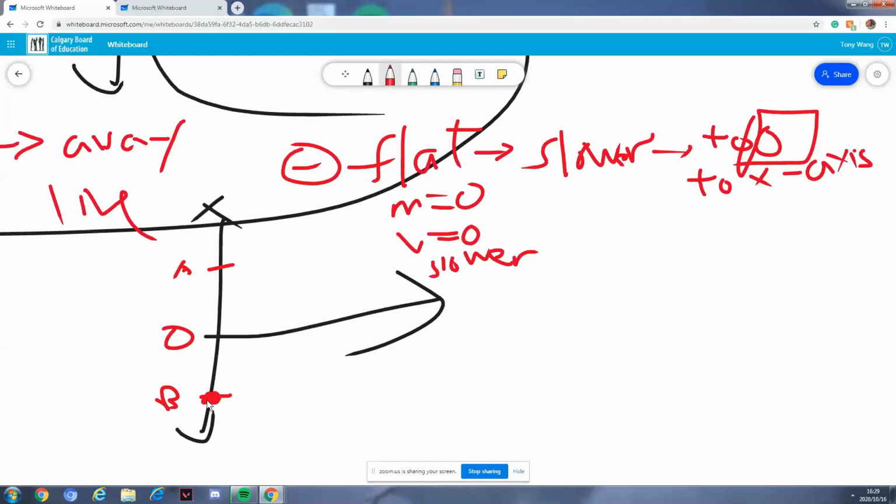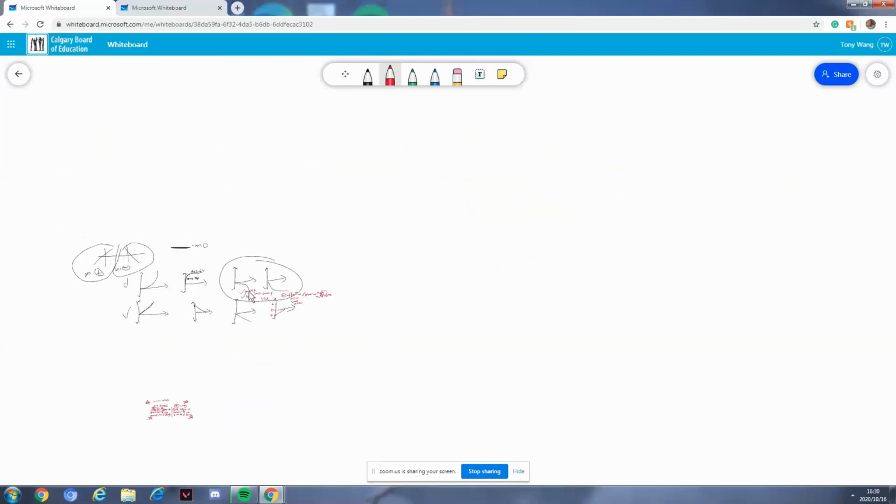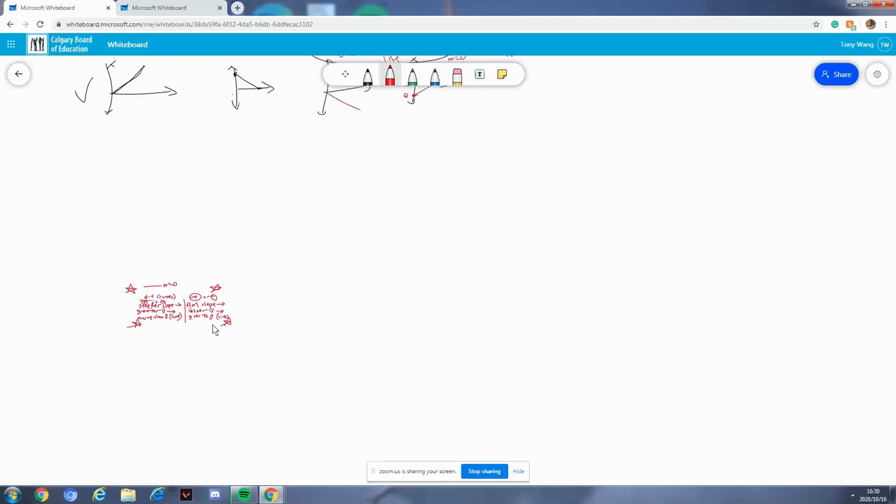Because it's negative. Okay. And then where does it go to? It goes to the 0. So what is the 0 called? The x-axis. Yeah, x-axis.